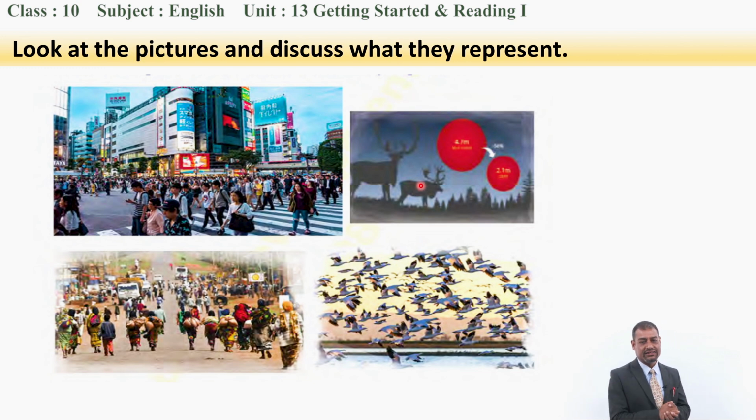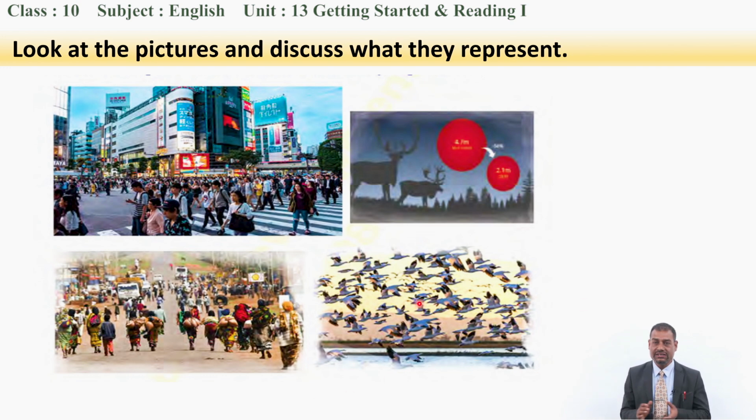Then again, the third picture. What do you see here? See, people have a kind of load on their back. So it looks like that. Yes, you are right. They are going from one place to another place. And that is, yes, migration. And the fourth picture, the last one, what do you see here?